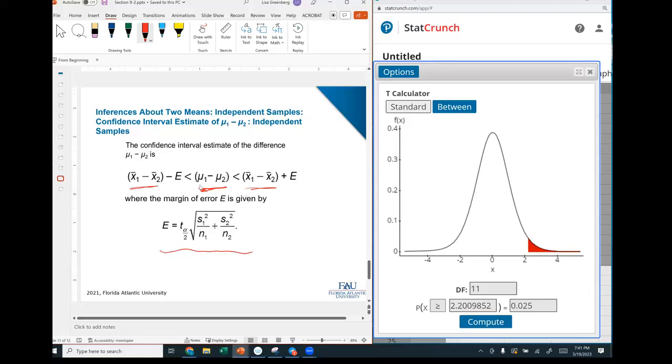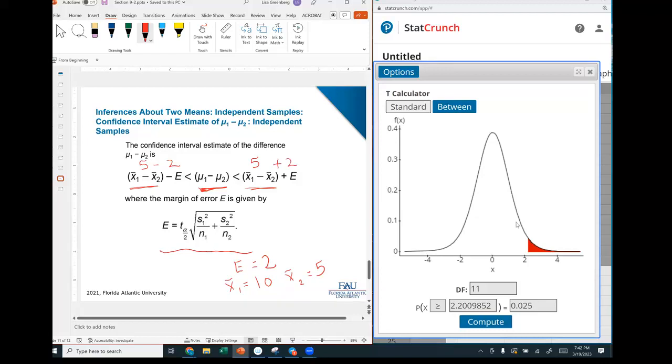But I did want to show you that it works. So let's say E equals 2, X1 bar equals 10, and X2 bar equals 5. Okay, so I would have for my interval 10 minus 5, which is 5, minus 2, and 10 minus 5, which is 5, plus 2.